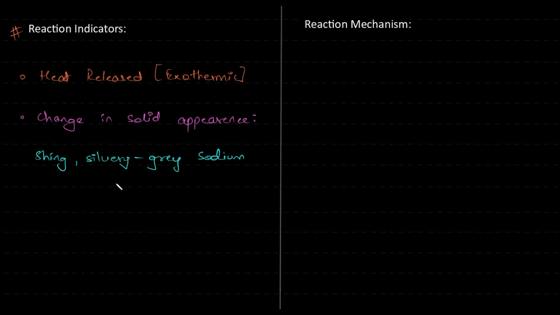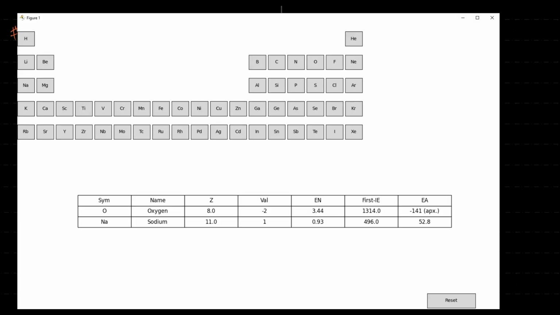So sodium, when it reacts, forms a white, or a bit grayish white, solid of Na2O. Why is it Na2O? Look at the valency. We need to have 2 of sodium to satisfy 1 of oxygen. So Na2O.